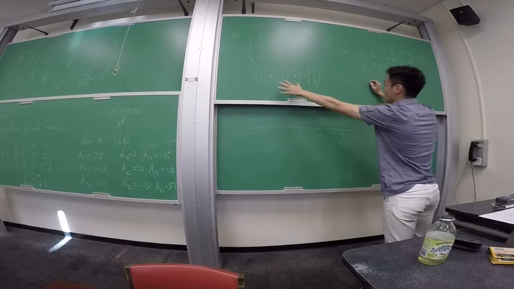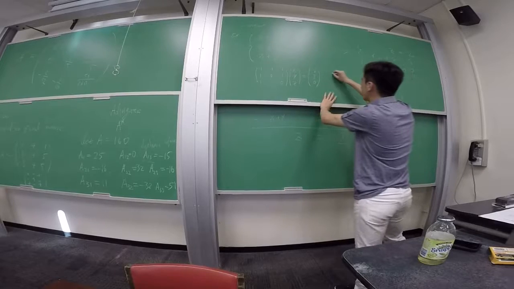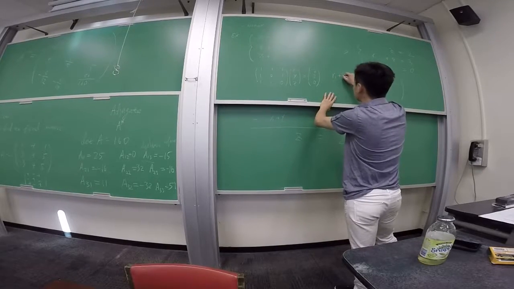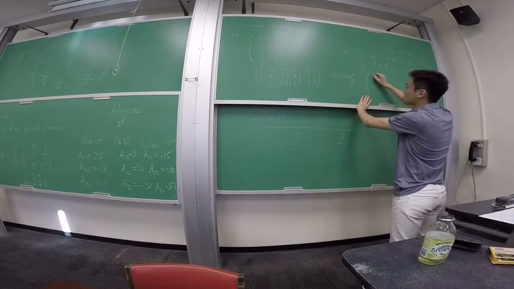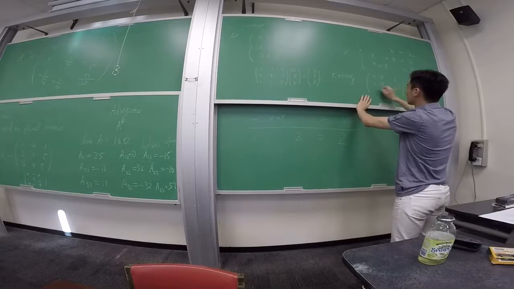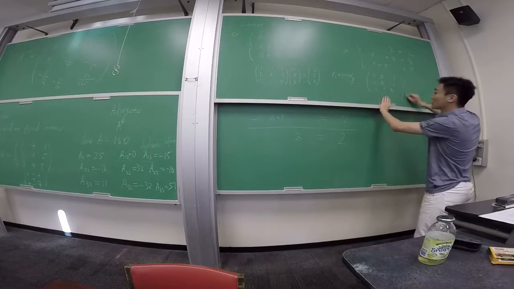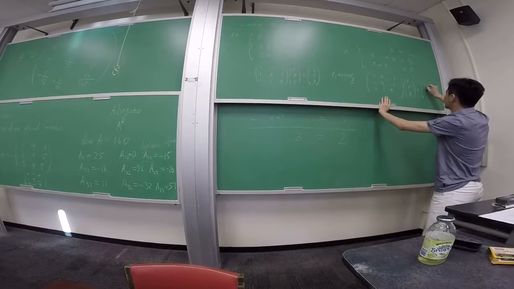So how to get this from that is by adding the first row by minus 1 times the last row, right? So what you get is actually 0, 0, 1, 1, 0, 1, and 1, 1, 0, times x, y, z is equal to 2, 3, 0.